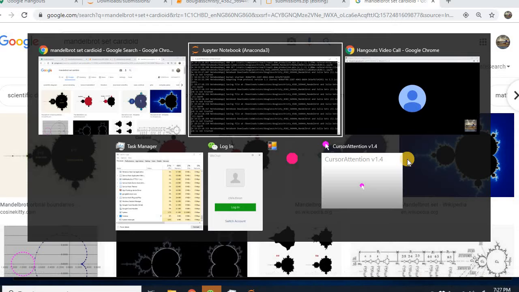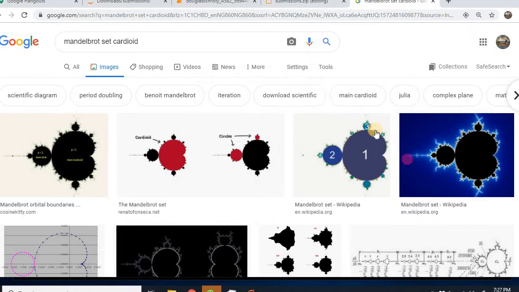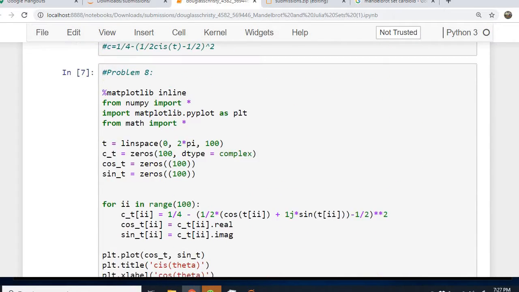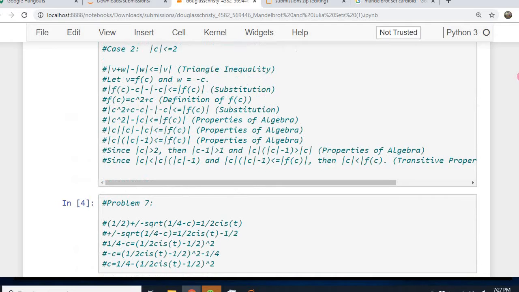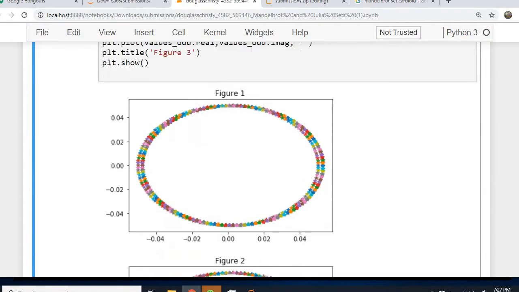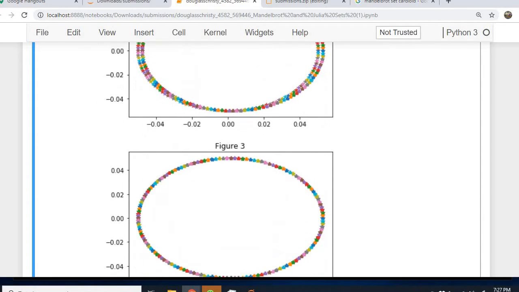So we can actually just make a very minor change to this code. Instead of this circle, where are we? It is this one.